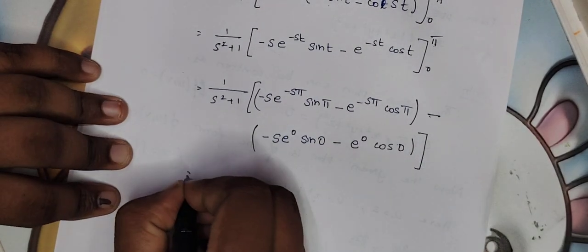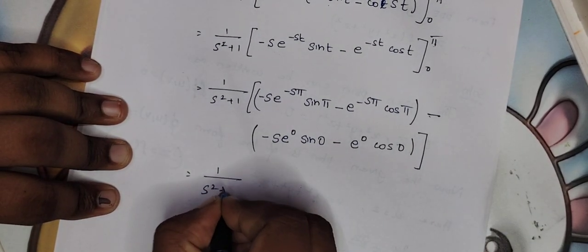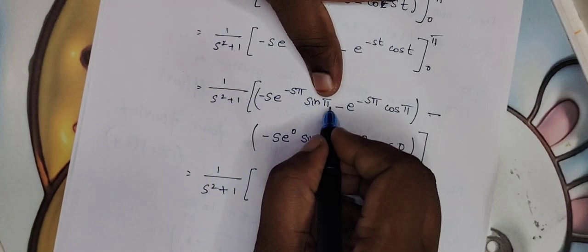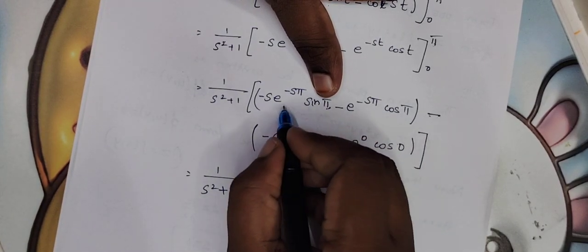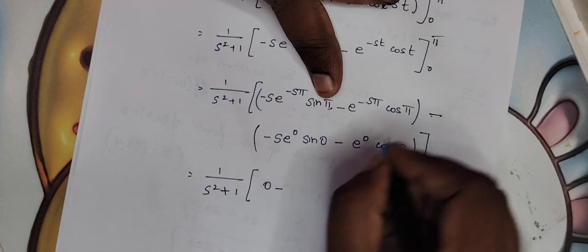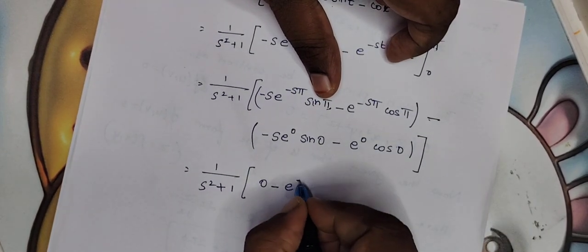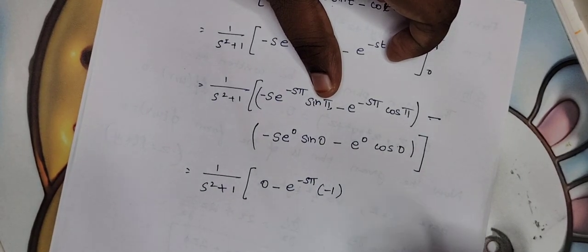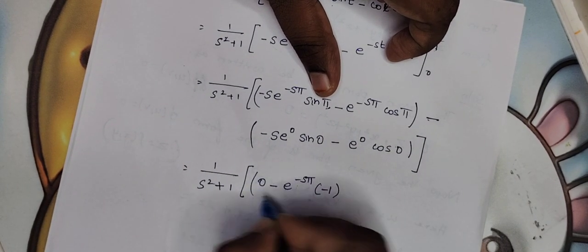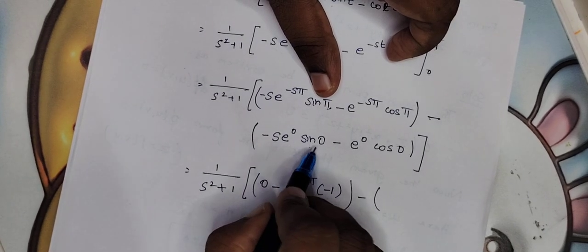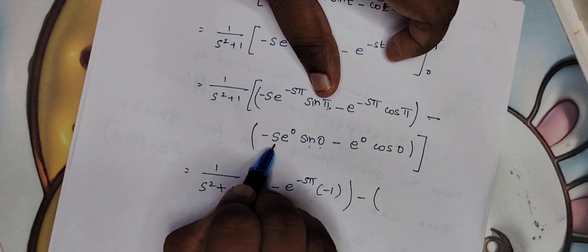So this is equal to 1 divided by s square plus 1 into, sin pi value is 0, so 0 into this term will become 0. So the first term is 0 minus e power minus s pi into cos pi, whose value is minus 1. Then, coming here, sin 0 value is 0, so 0 into anything is 0.